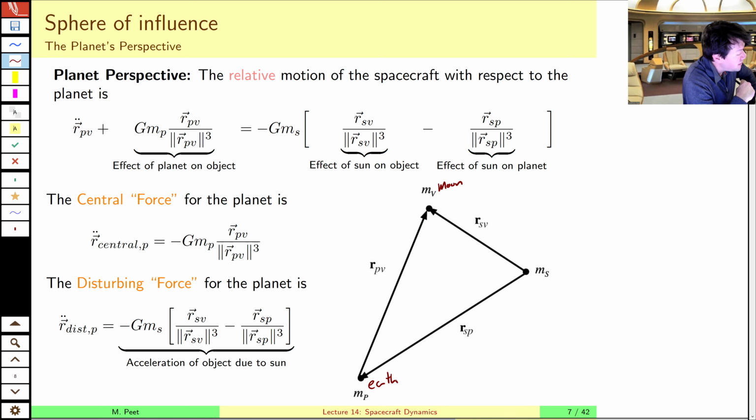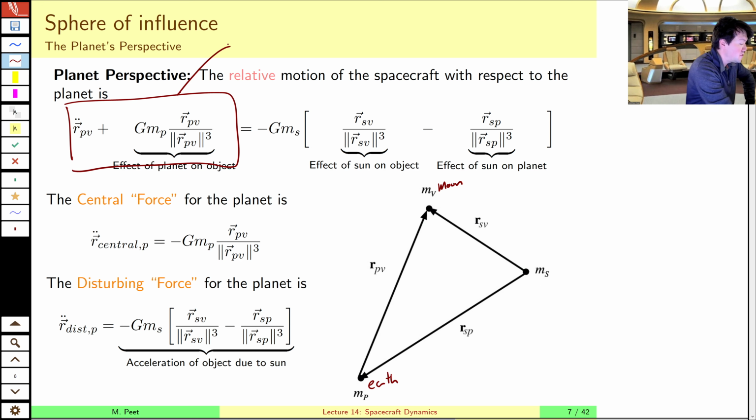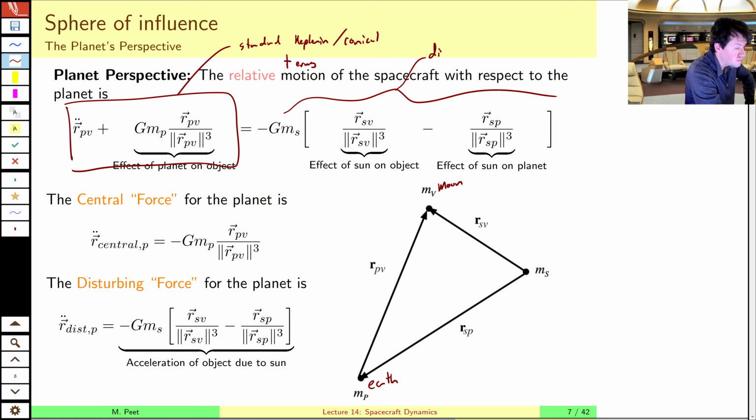Now here's our standard Keplerian motion acceleration, the conic terms, and these are our disturbing terms. In this case, there's something a little bit different, although the equations look approximately the same.